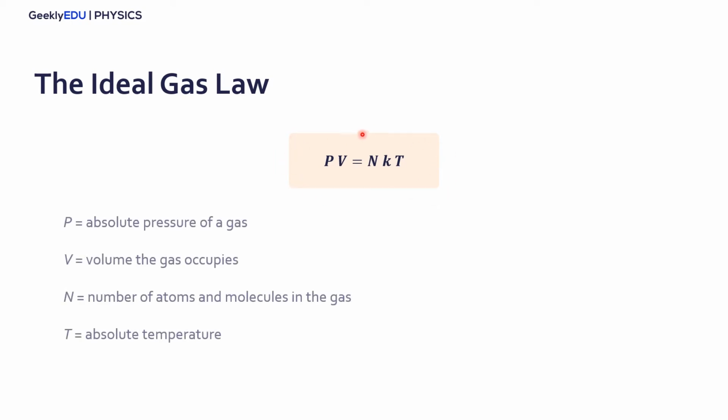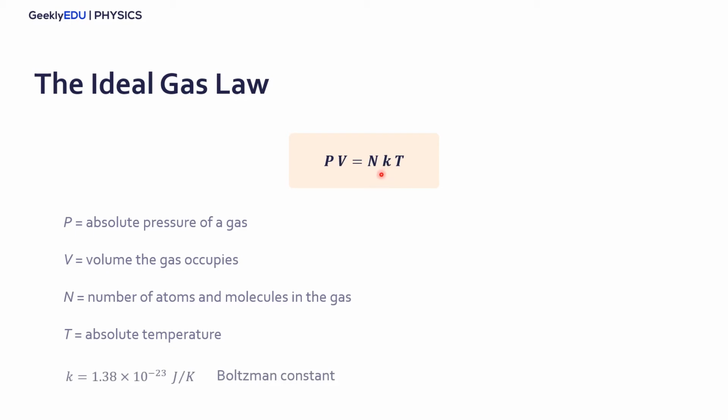Now that we set the assumptions for an ideal gas, let's talk about the ideal gas law. This is the formula of the ideal gas law, okay? In this case here, P is the absolute pressure of a gas, V is the volume the gas occupies, N is the number of atoms and molecules in the gas, T is the absolute temperature, okay?